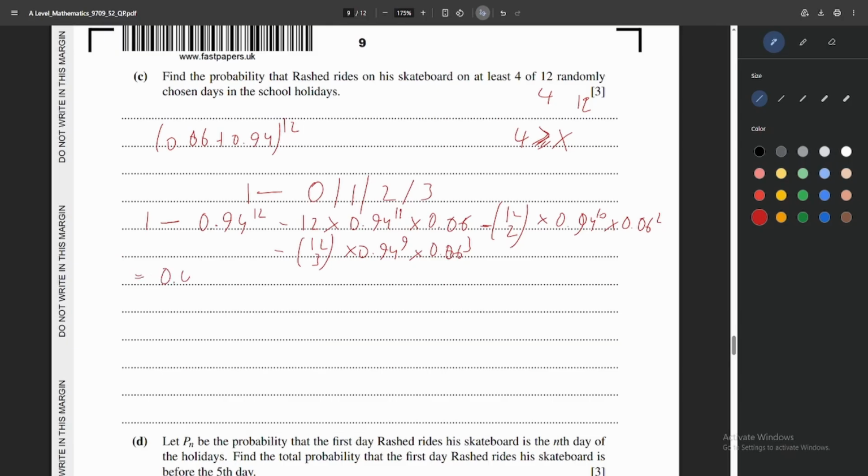That gives us 0.00434, so that is the answer.